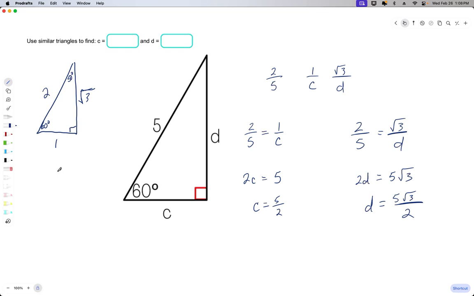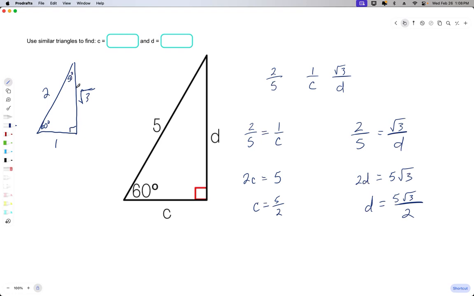This is the base dimensions of every 60-30 right triangle. You have a length of 1 here. This 1 is going to be multiplied by a factor of 2 here, and by a factor of the square root of 3 here. That's going to be the relationship between these lengths. Always, always, always in a 60-30 right triangle.